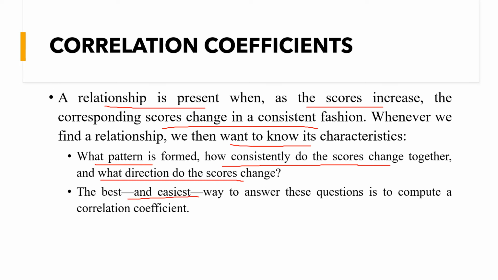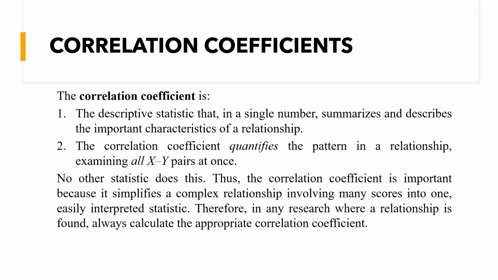The best and easiest way to answer these questions is to compute the correlation coefficient. So now we check the relationship between these two variables and convert this relationship into a number. This number is called the correlation coefficient.